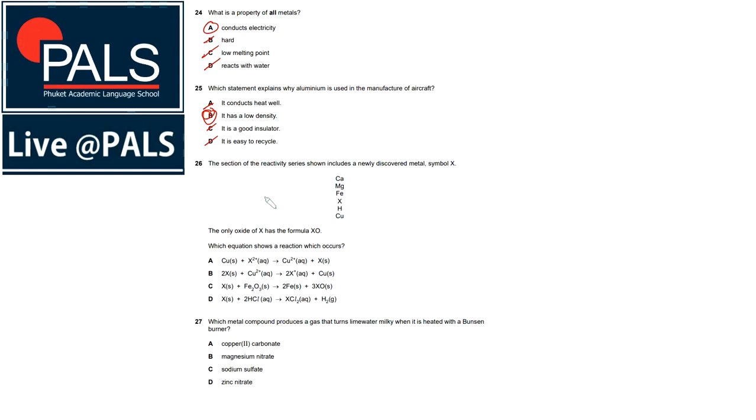The section of the reactivity series shown includes a newly discovered metal X right here. The only oxide of X has the formula XO, so that means it must be a 2+ metal ion, because oxygen is always 2-. Which equation shows a reaction which occurs?